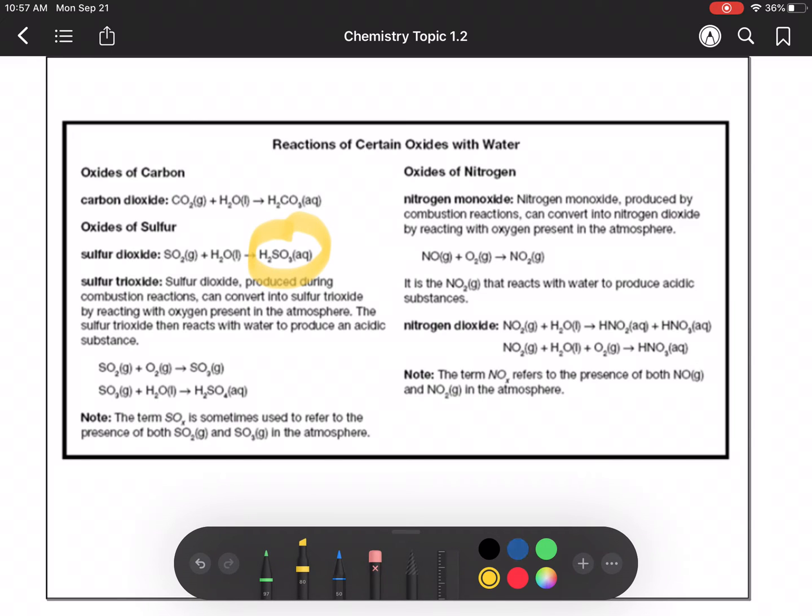So this one right there, that is sulfurous. And then if we go down here, sulfur dioxide is mixed with oxygen, creating sulfur trioxide. And then with water in the atmosphere, it makes sulfuric acid. And you have all heard of sulfuric acid before.